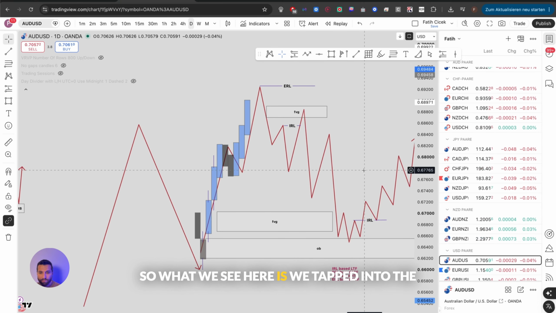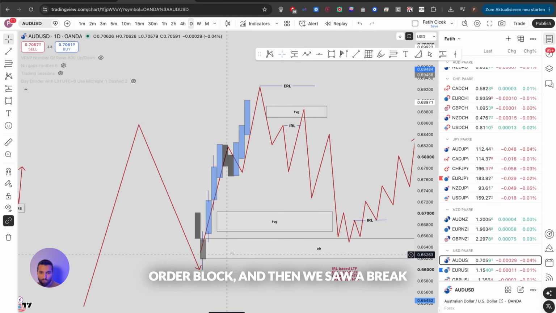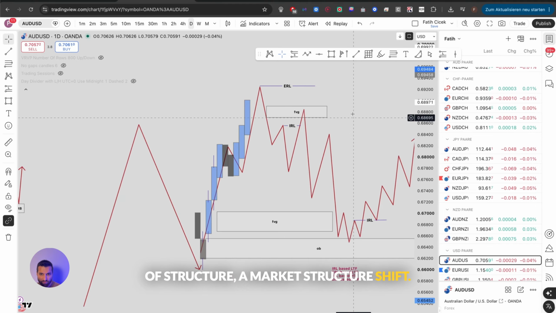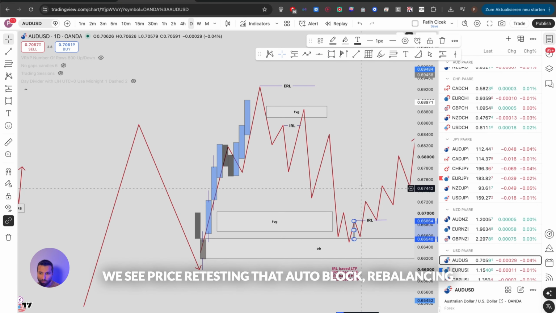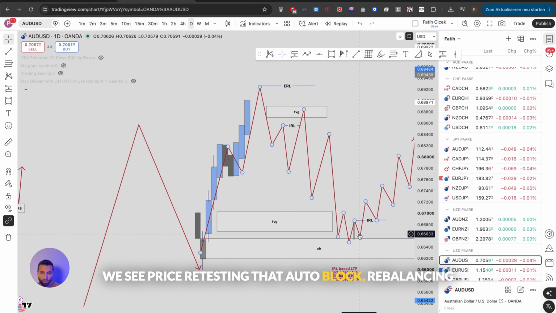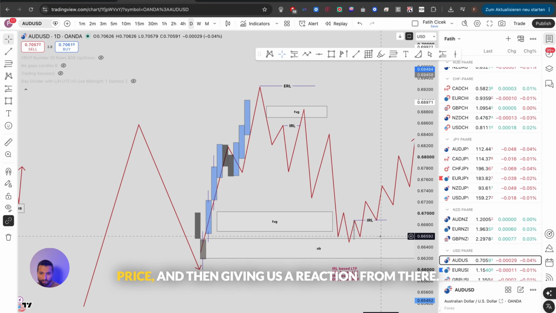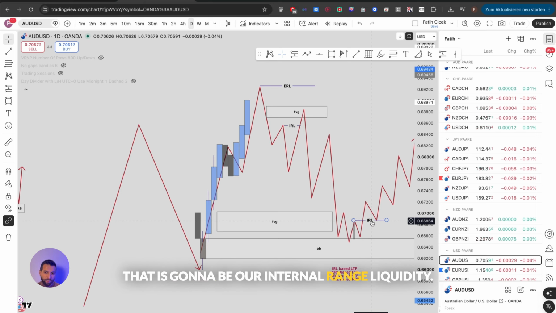So what we see here is we tapped into the order block and then we saw a break of structure, a market structure shift. So possibly we had an order block here, and then we see price retesting that order block, rebalancing price, and then giving us a reaction from there. That is going to be our internal range liquidity.